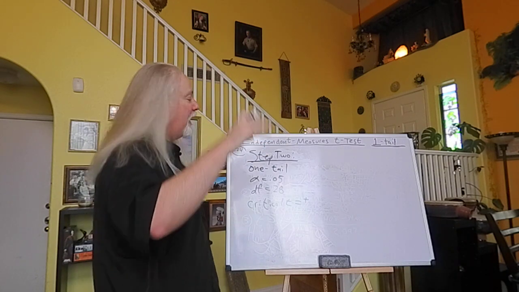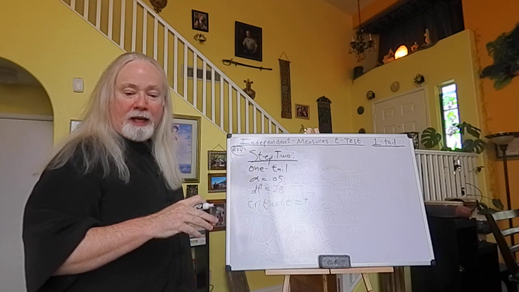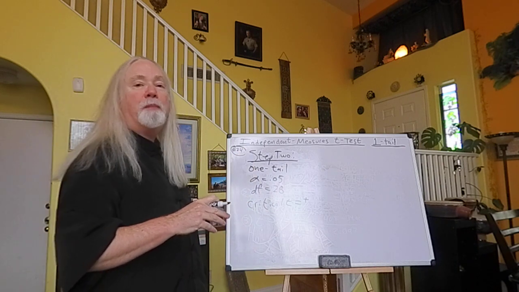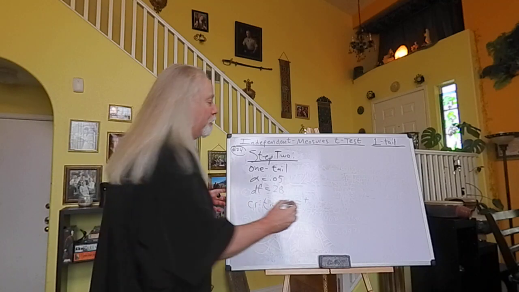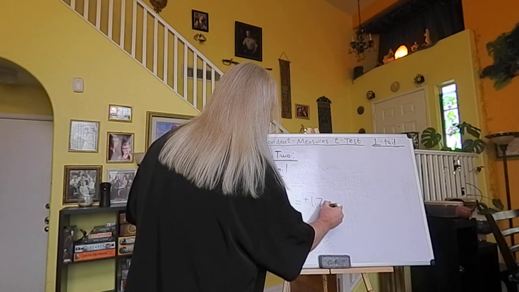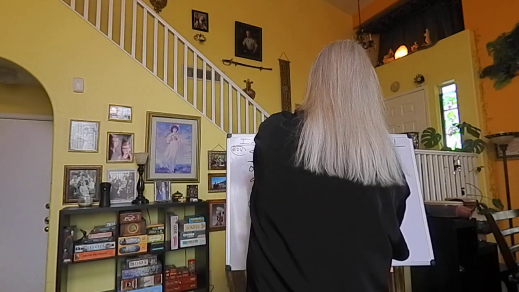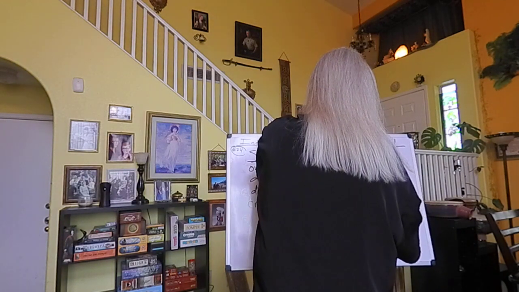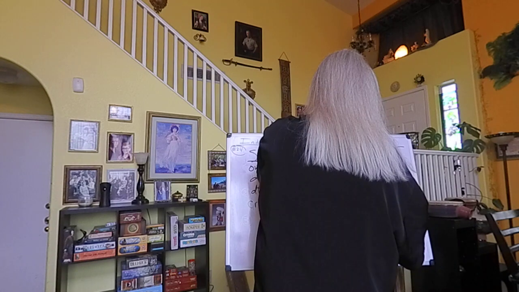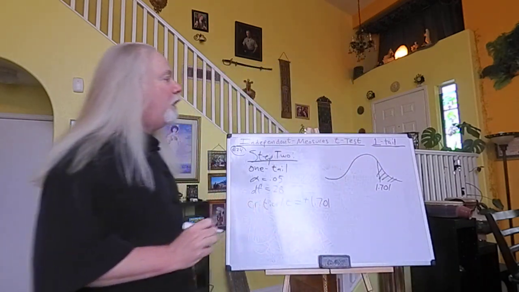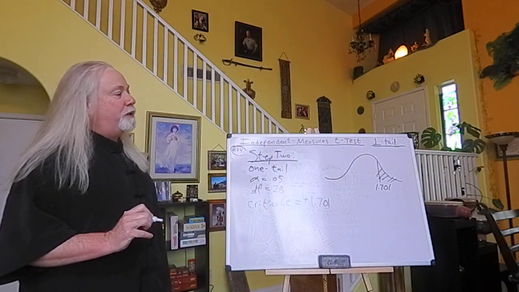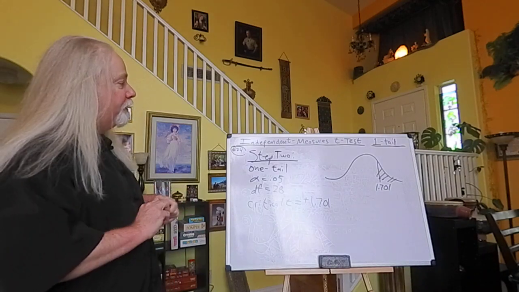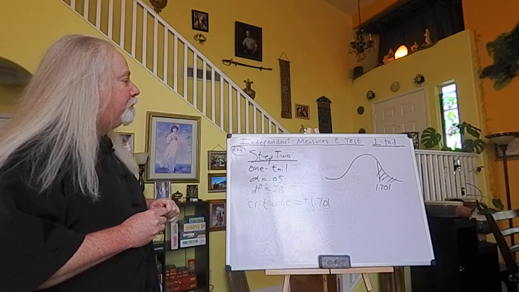Then go over to 0.05, find your degrees of freedom, and you should find that your critical t equals positive 1.701. So that is our critical region for this version of this question.